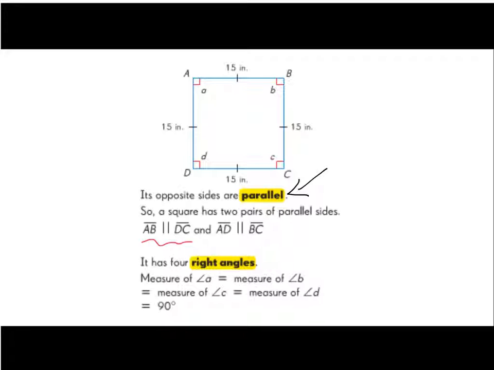The last property we're going to talk about for squares is that a square has four right angles. We can see that shown in the drawing here, here, here, and here, with the little red squares that show that it is 90 degrees.